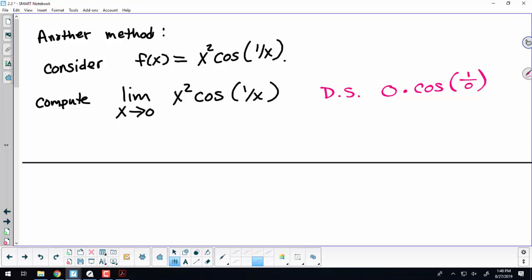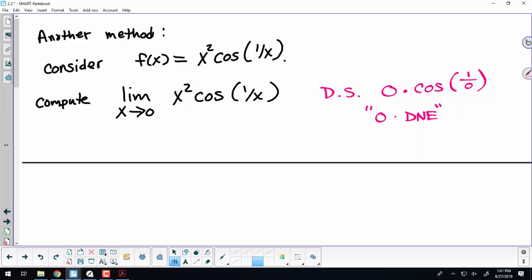So we'll write that here like this. It's 0 times something that does not exist. So you really can't make sense of it. It's not 0 times 5, which is 0. So we would say, all right, there's a definite issue with that function. Is there anything I can do to simplify x squared times cosine of 1 over x? We can't factor anything.